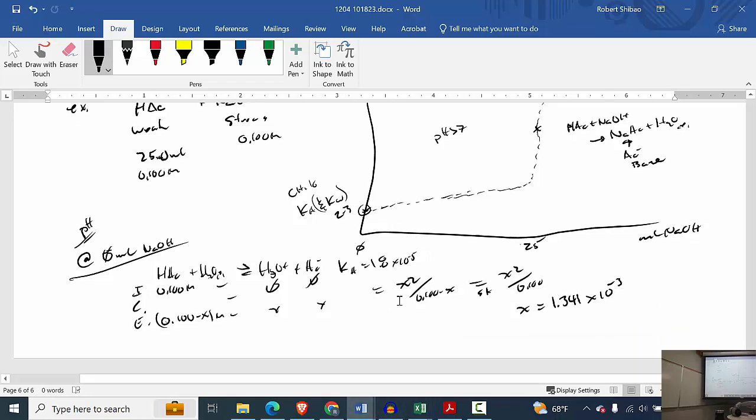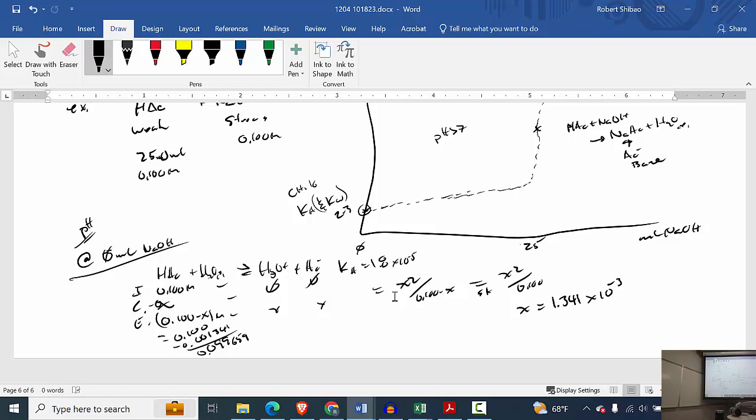If we're only interested in the pH, well, that's the hydronium right there. This is minus x, so this is going to be 0.100 minus 0.0013, which gives 0.099659.